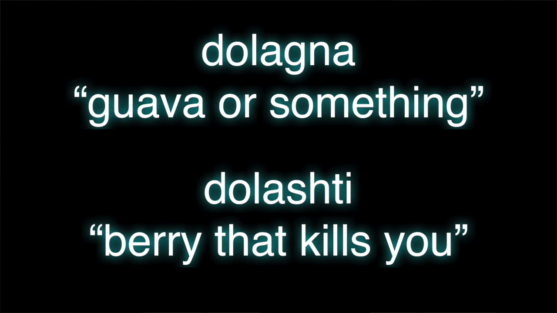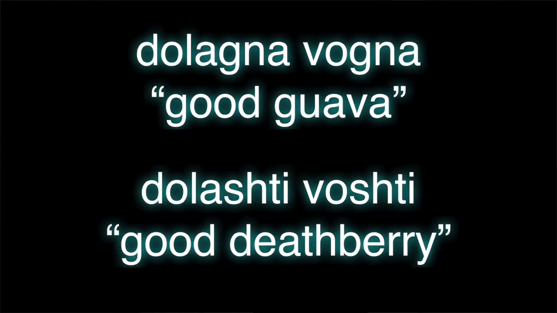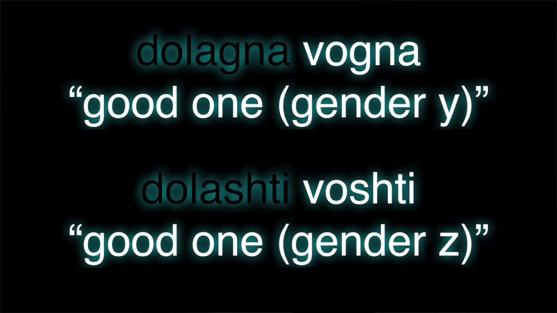Especially it's helpful if you're referring to things just by adjective. And so you can say the good Y category versus the good Z category, and people have an idea what you're talking about, as opposed to just saying "the good one" in English, where it could refer to literally any type of noun.